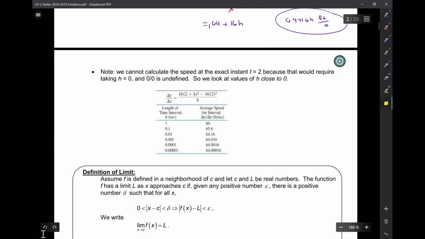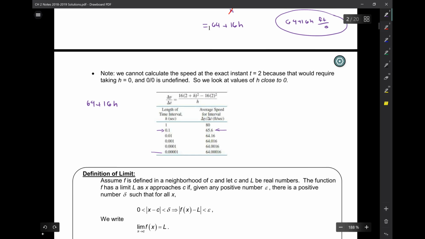So take a look here. Remember what I have here? 64 plus 16h. If h was 1, and I plugged it in here, 64 plus 16, I would get 80. And then if I made h smaller, 0.1, the whole average velocity becomes 65.6. And if I made h super small, what would the average velocity approach? 64.